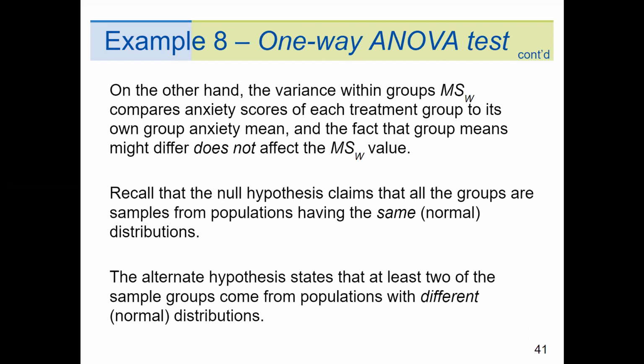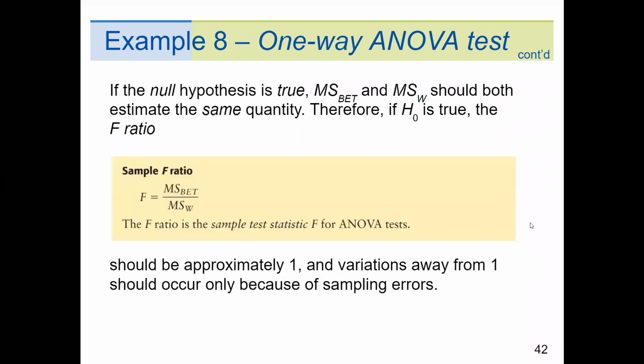Recall that the null hypothesis claims that all the groups are samples from populations having the same normal distributions. The alternate hypothesis states that at least two of the sample groups come from populations with different normal distributions.